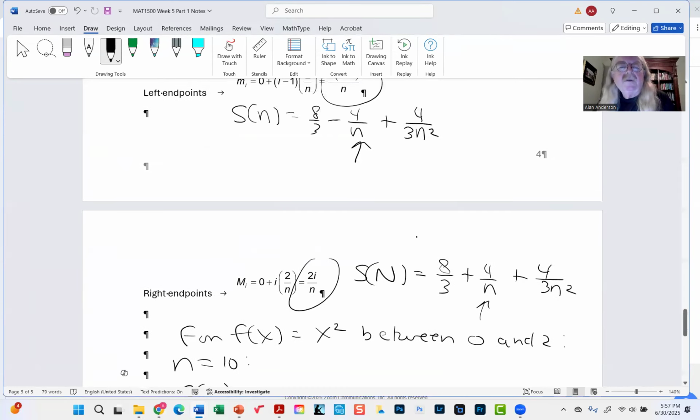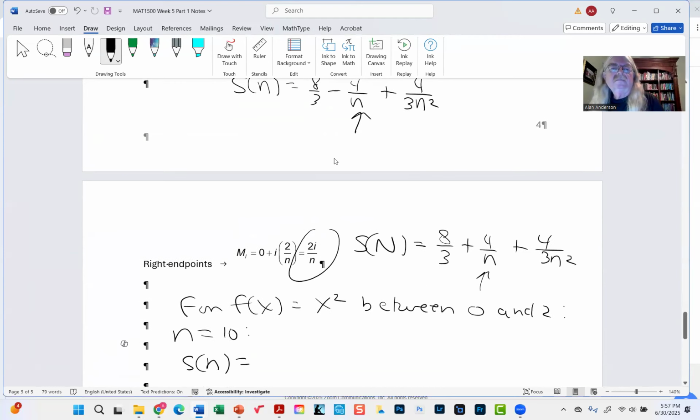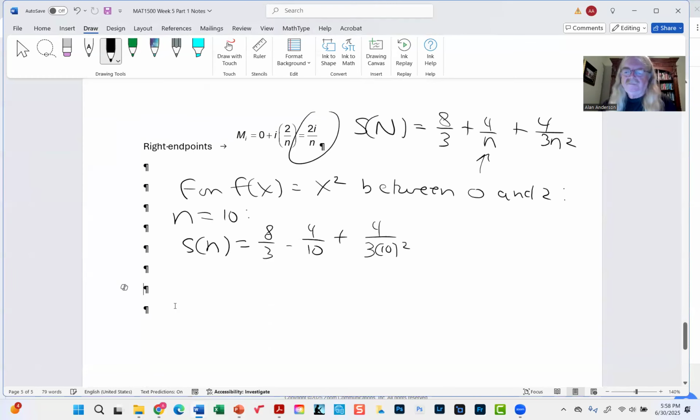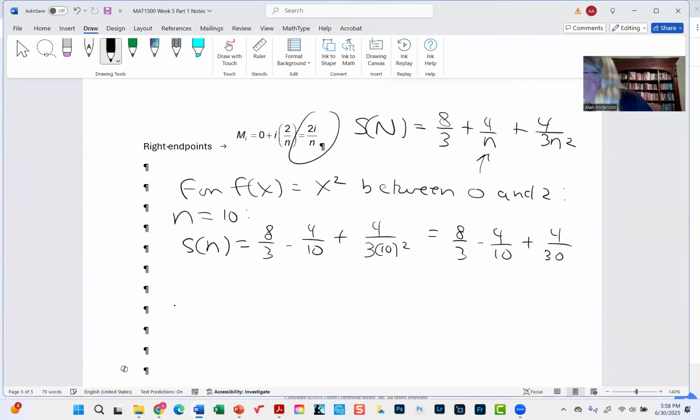All right, so we have 8/3 minus 4/10 plus 4 over 3 times 10 squared. All right, I guess we can create a common denominator of 300.